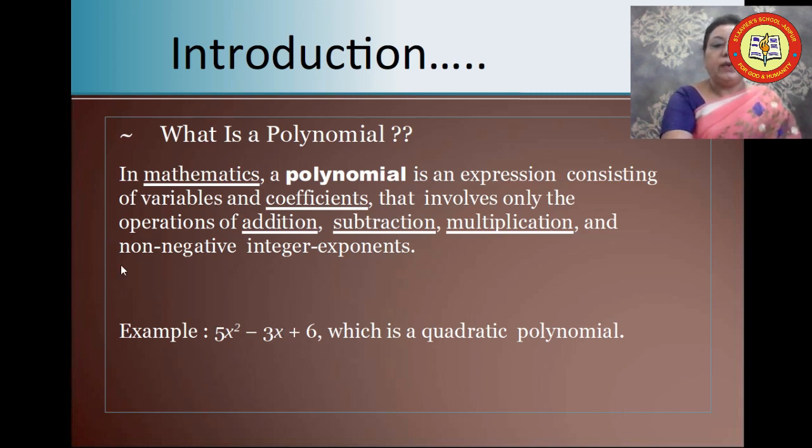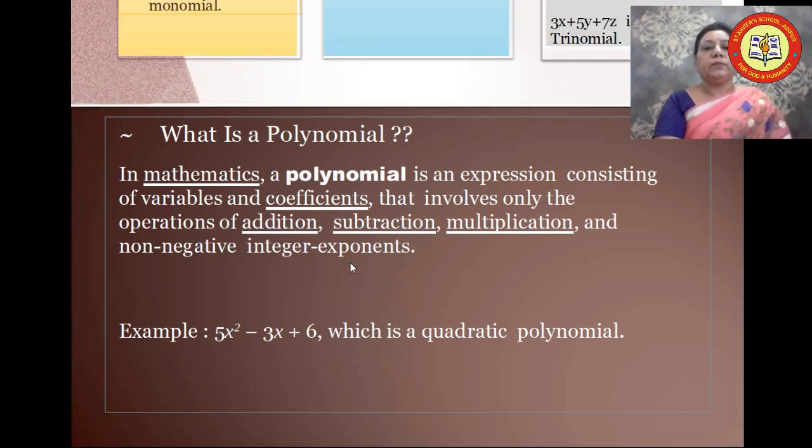It is already mentioned that the exponent of the term should be a non-negative integer. This is the criteria for an expression to be a polynomial. The exponent should never be negative. Okay, so this type of expression is known as a polynomial.